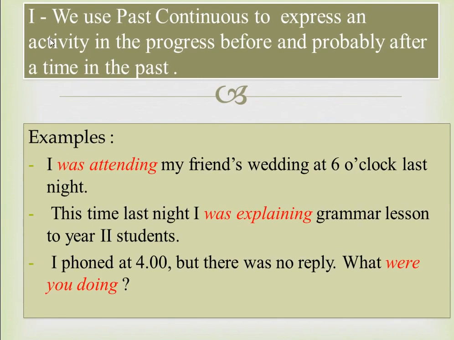And this is the first use of past continuous. We use past continuous to express an activity in progress before and probably after a time in the past. For example, I was attending my friend's wedding at 6 o'clock last night. One more: this time last night, I was explaining a grammar lesson to year 2 students.